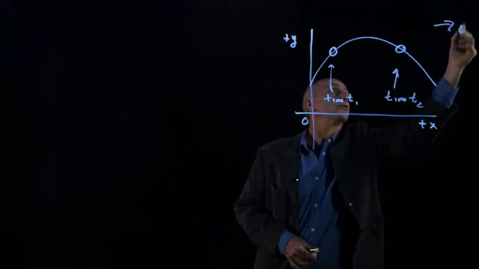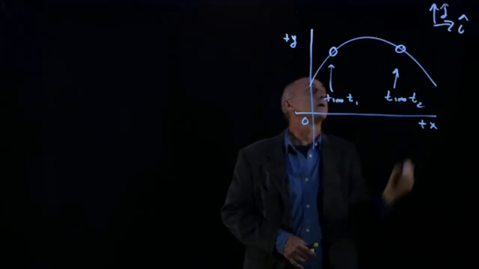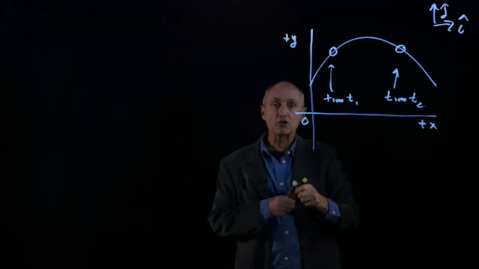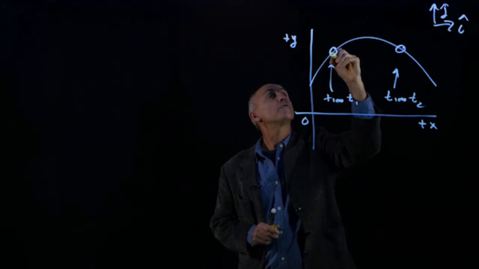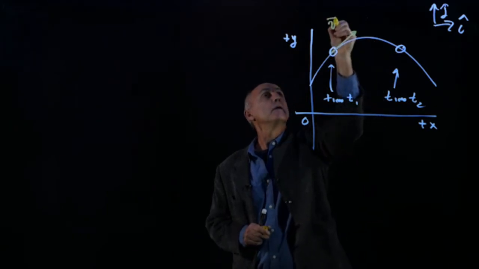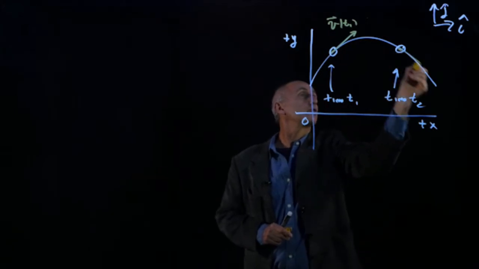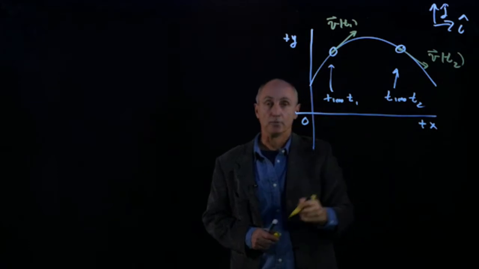We'll call our unit vectors i hat and j hat. Now, we know that the direction of the velocity is tangent to this curve. So if we draw v at time t1, and over here, notice the direction has changed, v at time t2.